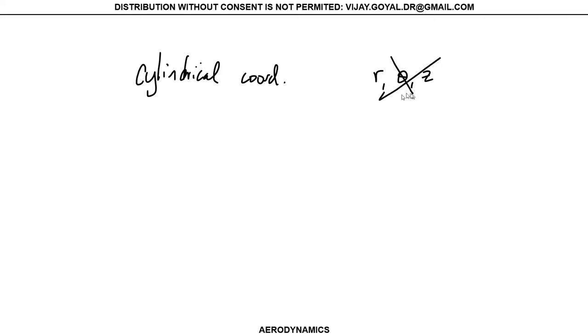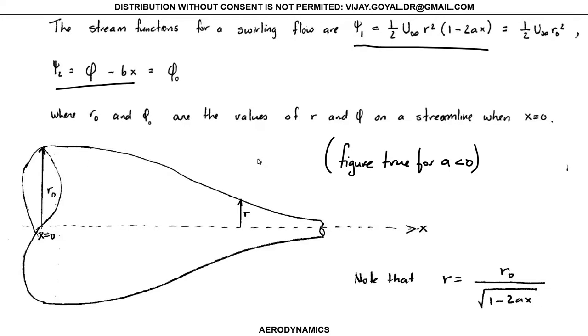So what I am saying is your cylindrical coordinate system is no longer r, theta, and z. Your cylindrical coordinate system is going to be r, phi, and x. So all you have to do is replace theta with phi and z with x, and it's still valid. And this is how this problem is formulated.